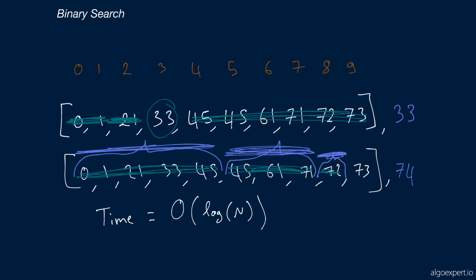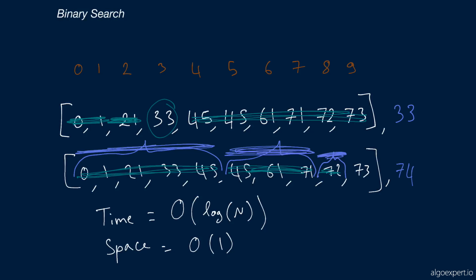Now, the space complexity is going to be fairly straightforward, though it does vary depending on how you implement this algorithm. If you implement binary search iteratively, which is how you should implement it, to be honest, it's going to run in O of 1 space.